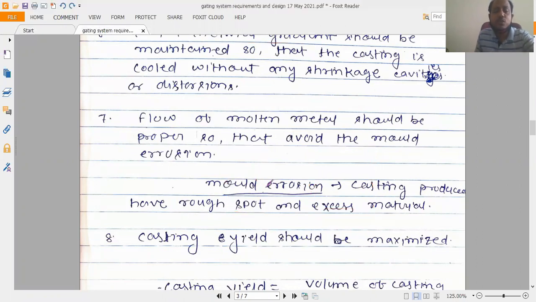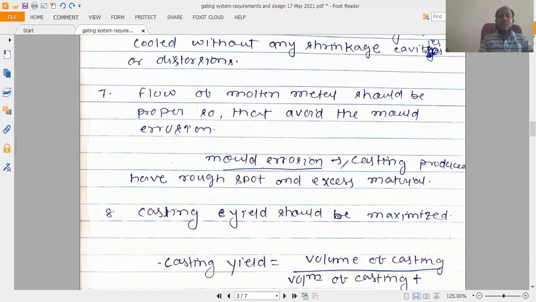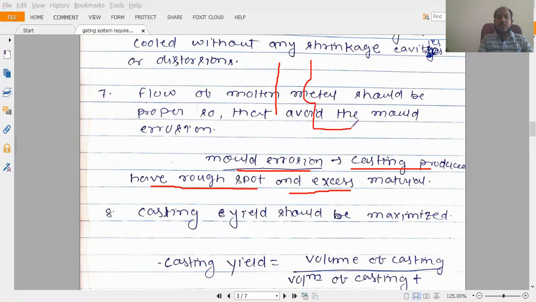So mold erosion should always be avoided in the casting. Mold erosion is when the casting produced has rough spots or excess material. Sometimes you have seen that this is the casting and some excess material part is there.